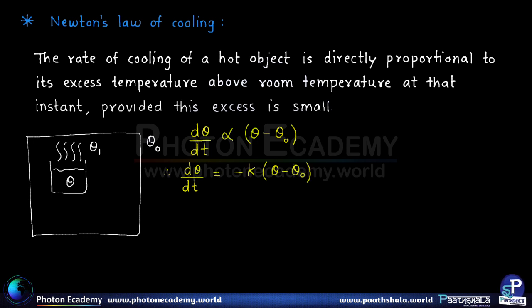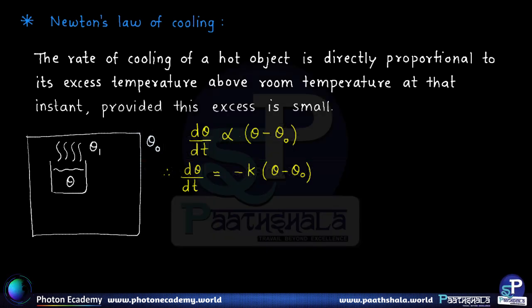Now it's minus because the temperature of the hot body is falling down, it's decreasing. Therefore we have to take the negative constant of proportionality. Clearly this is also a variable separable type of differential equation. You see that theta is a function of time t. So let us write d theta upon theta minus theta 0 is equal to minus k dt.